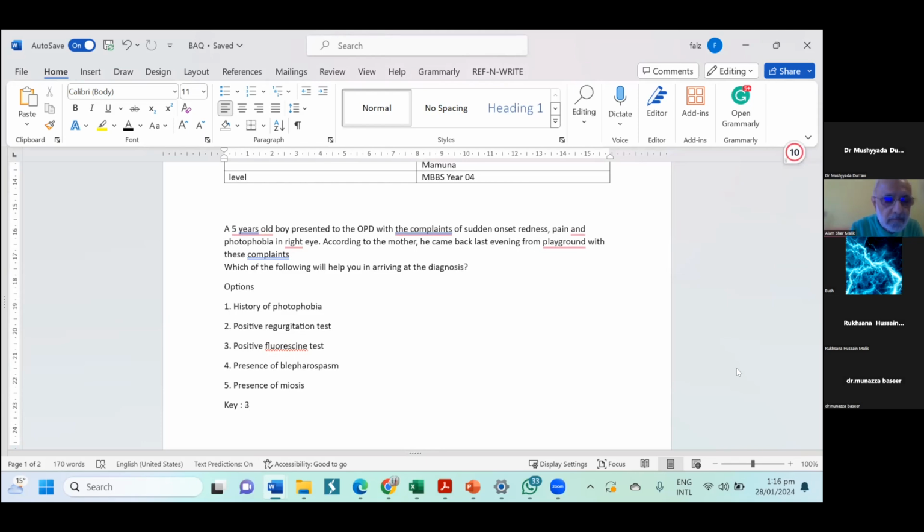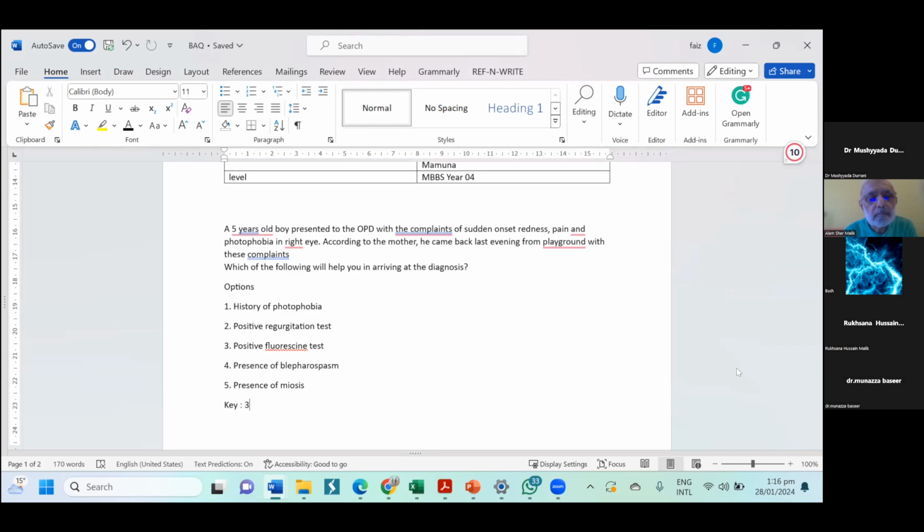We have made it so that they would only be able to arrive at the correct response if they know the diagnosis. The theme was red eye with photophobia. The patient would have presence of blepharospasm. The other conditions that can cause red eye include acute anterior uveitis, in which case there would be presence of miosis.